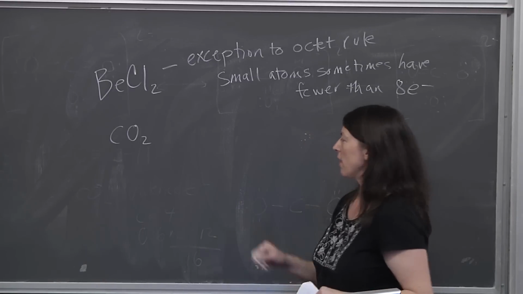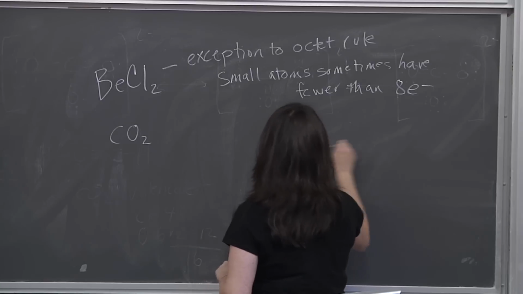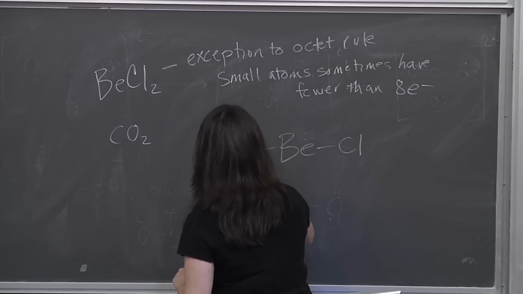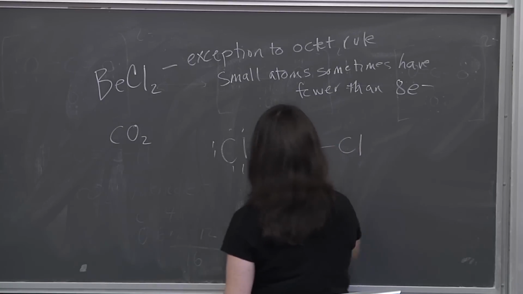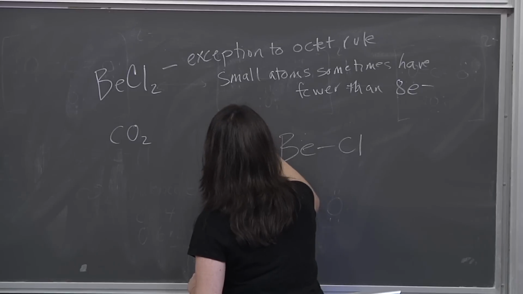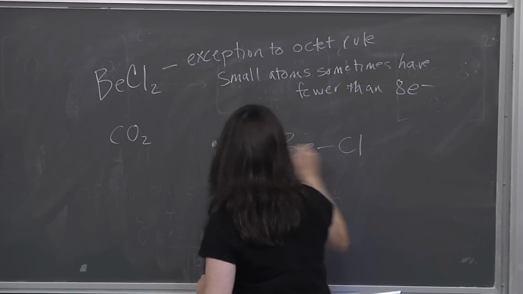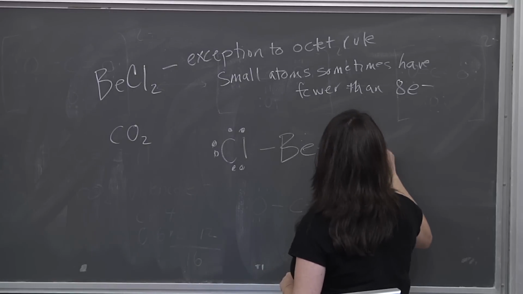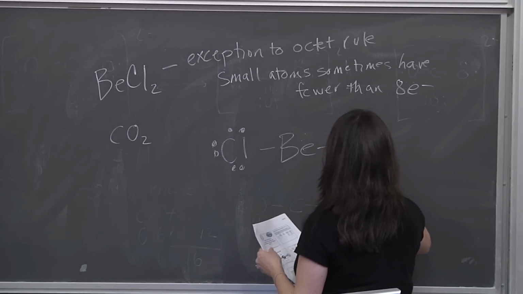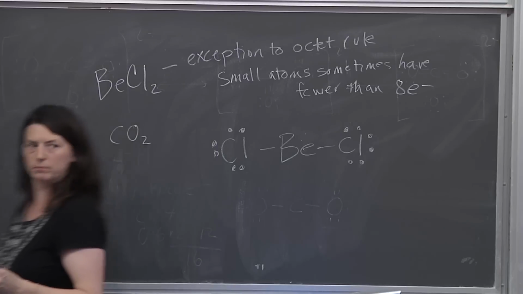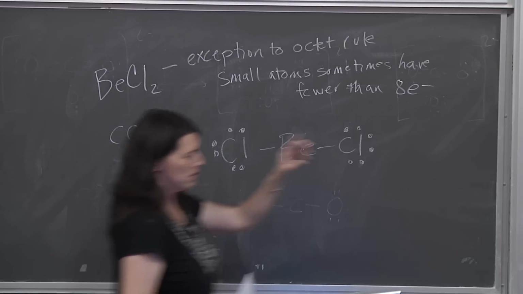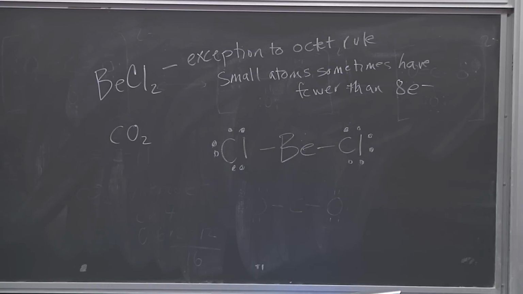So beryllium chloride looks like this. Now, you do have a periodic table. So beryllium is up there, number 4. So it has 2 valence electrons.